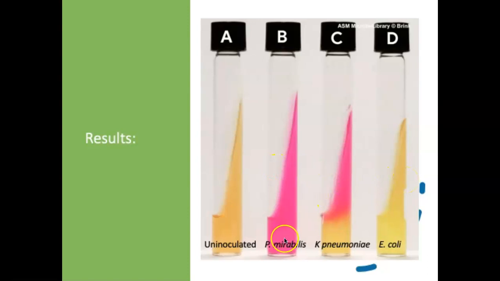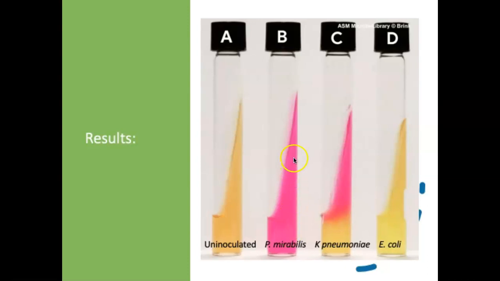So Proteus mirabilis at about 6 hours turned the entire tube this bright pink or fuchsia color. This is a positive urease test.